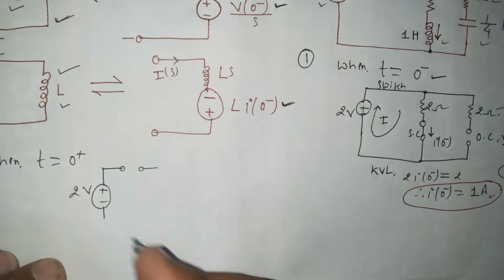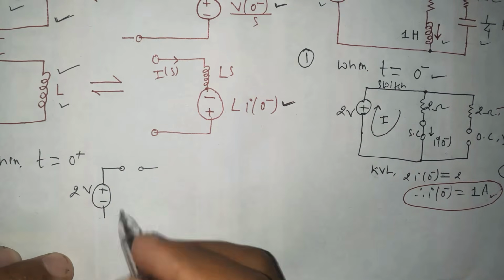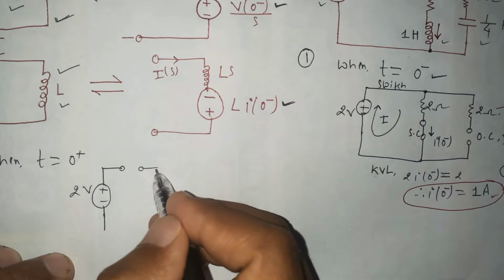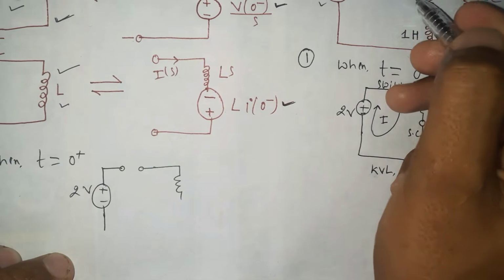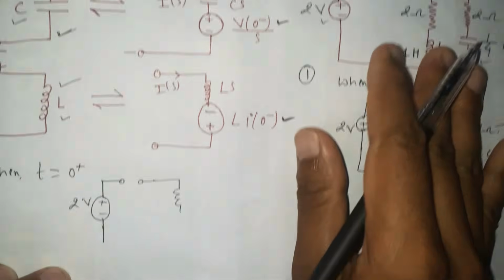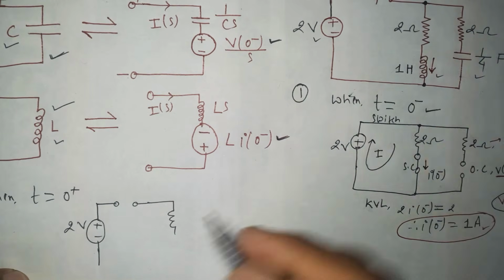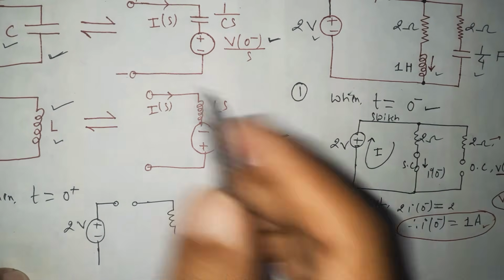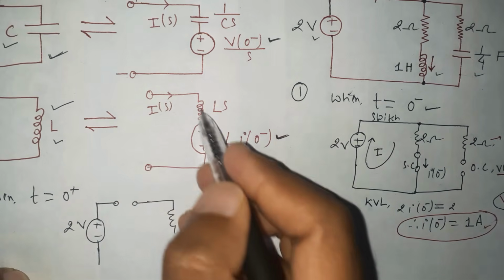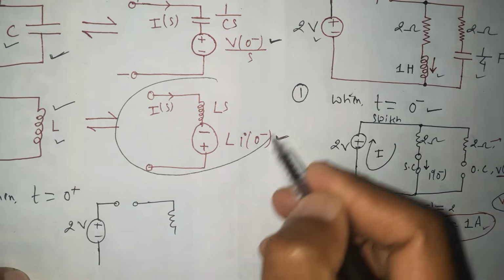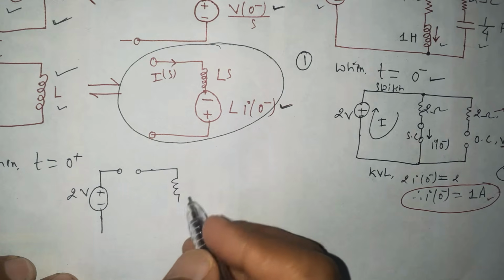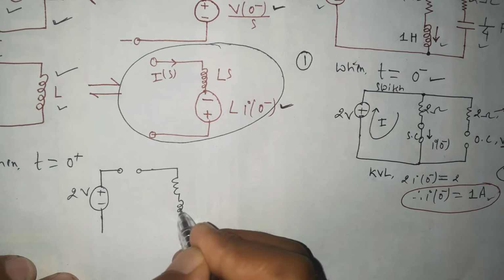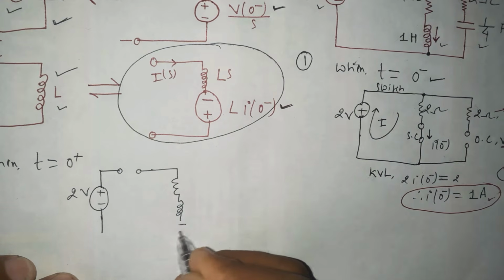Let's draw the corresponding circuit. The resistance will be the same, and in place of the inductor, we have to insert this circuit. This is the corresponding inductor circuit in the S domain. The inductor will be the same as it is, and here minus plus.